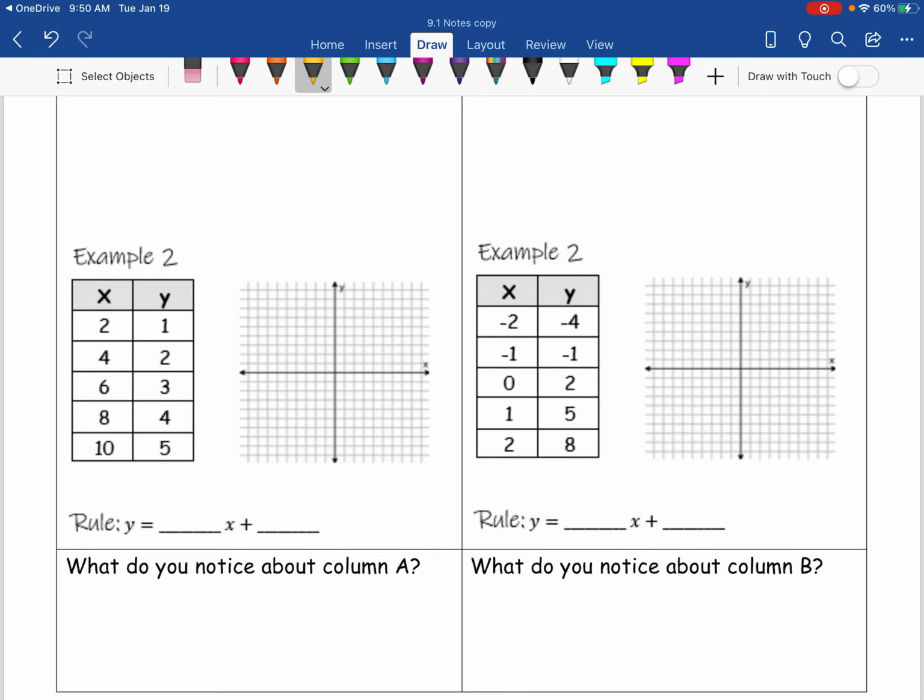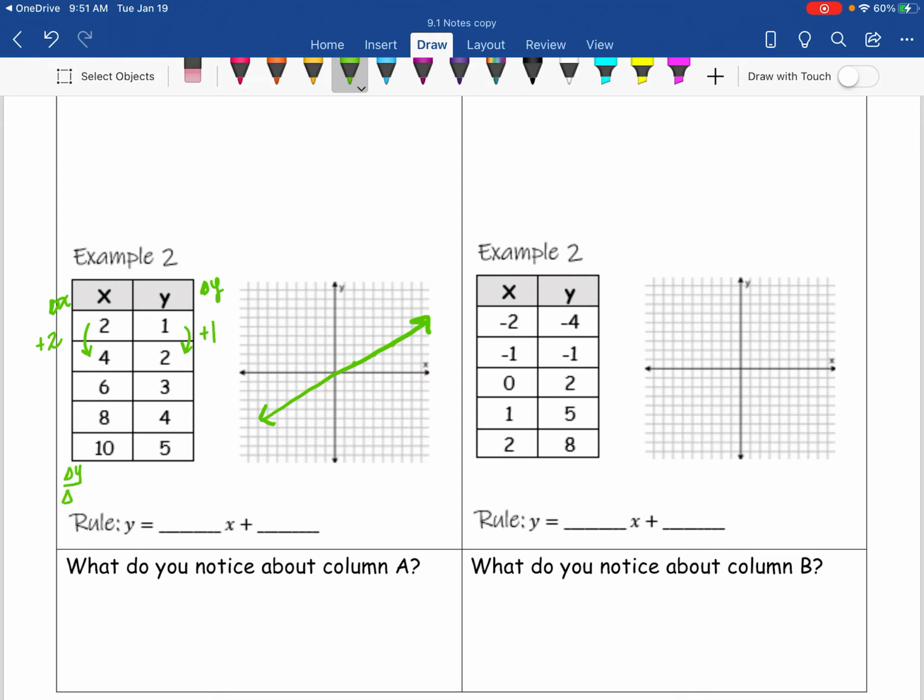Okay, so in column A, I'm working on this next example, so I'm going to just plot these points and connect them. Okay, and then I'm looking at my slope again, so my change in y divided by my change in x. Change in y, 1 plus 1 is 2, 2 plus 2 is 4.